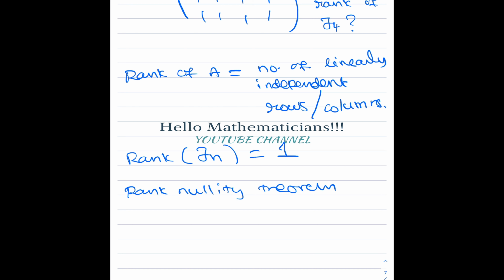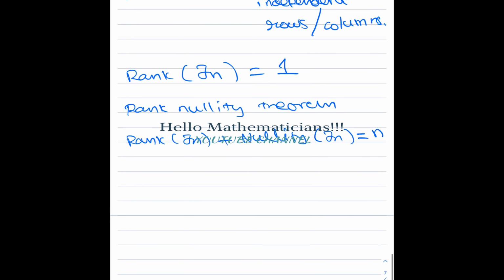So what is the rank nullity theorem? By the rank nullity theorem, rank of Jn plus nullity of Jn should be equal to n, the order of the matrix. But rank is 1, we know. This implies nullity of Jn is equal to n minus 1.